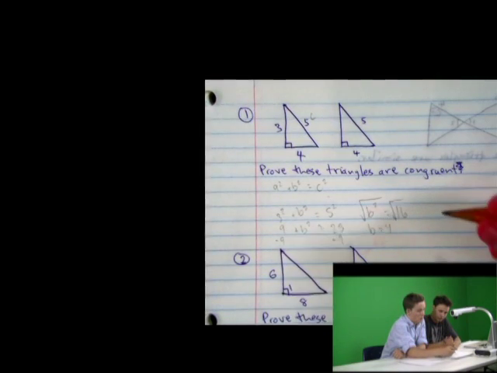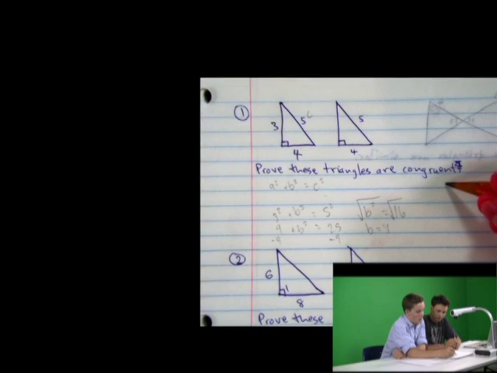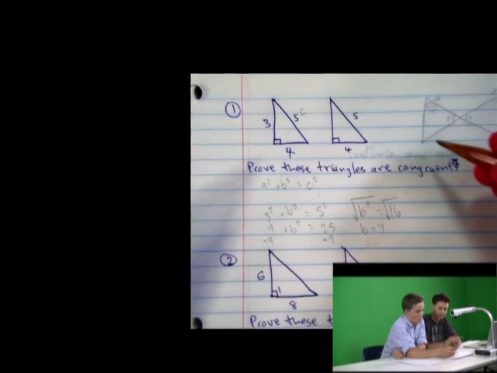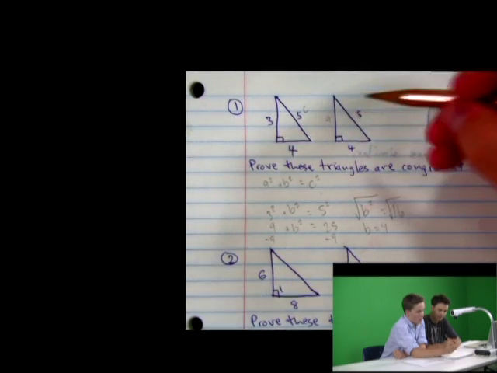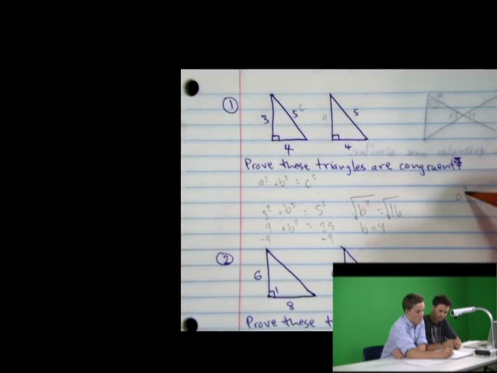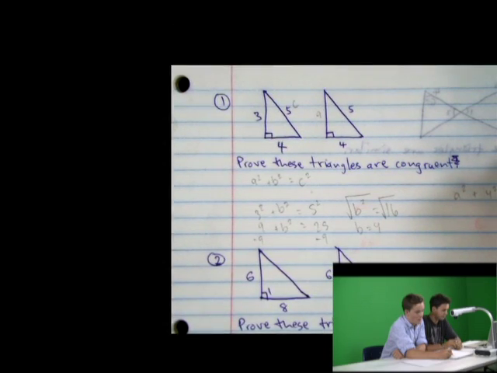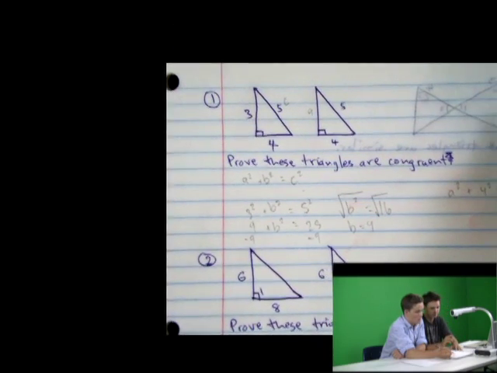So we would want to use the Pythagorean theorem again. We don't know a, right? So this would be a squared plus 4 squared equals 5 squared.